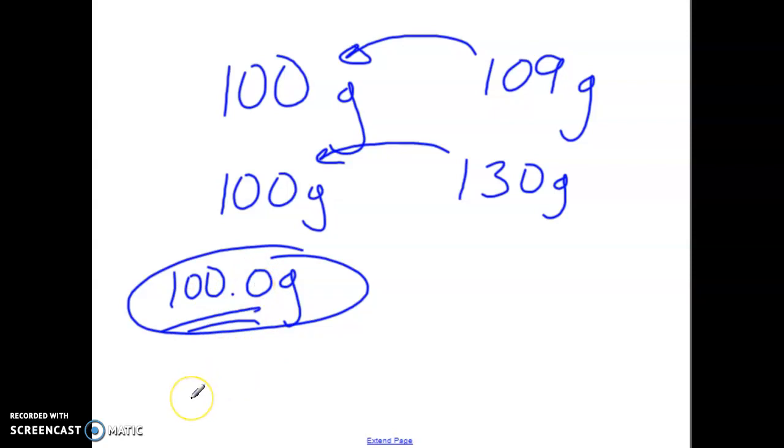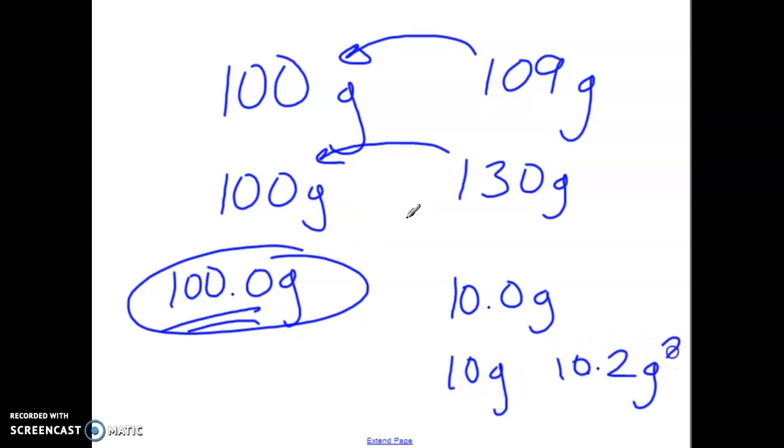The more digits that you have that are significant, the more accurate that data is. This goes back to the apple example we used when we looked at certainty. If I have an apple and I say it's 10.0 grams, this is more accurate than if I were to just say 10 grams, because it could be 10.2 grams. We don't know what the additional numbers after are.